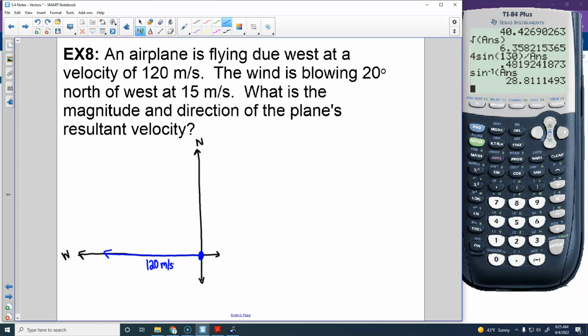The wind is blowing 20 degrees north of west at 15 meters per second. So north of west would mean that west is the side that we're going to actually touch right here, and we would be going 20 degrees to the north of that. I'm going to draw this as a short vector here because it's only 15 meters per second. And I would label this angle right here 20 degrees.